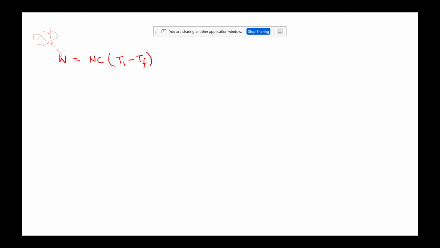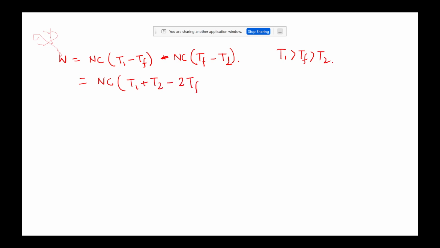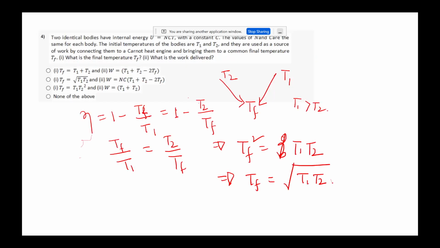Now for this, it will be N C (Tf minus T2), sorry, because T1 is greater than Tf, which is greater than T2. Now rearranging, N C will be T1 plus T2 minus 2 root T1 T2. That is the answer. So this one is the correct answer.